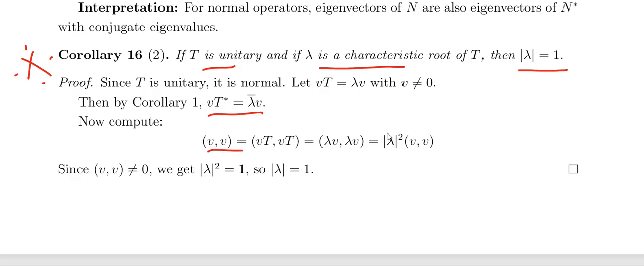The inner product of V comma V is nothing but VT comma VT because it's unitary. So instead of VT we put lambda V, and then lambda bar comes. Lambda lambda bar is mod of lambda square. It comes out, giving mod lambda square times V comma V. So mod lambda square equal to 1, so mod lambda equal to 1.